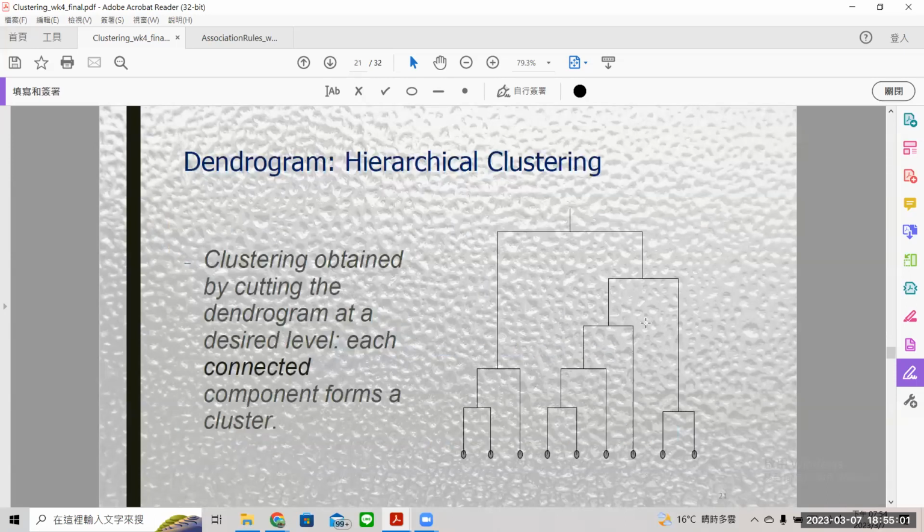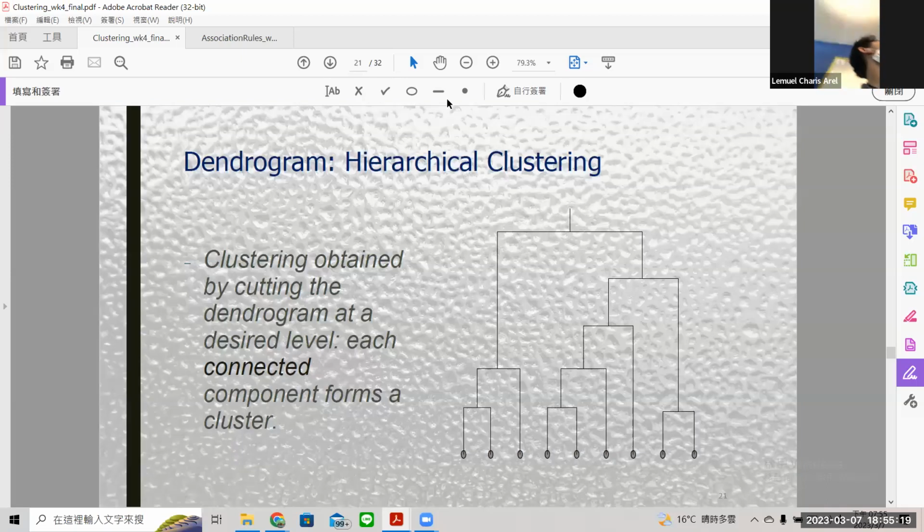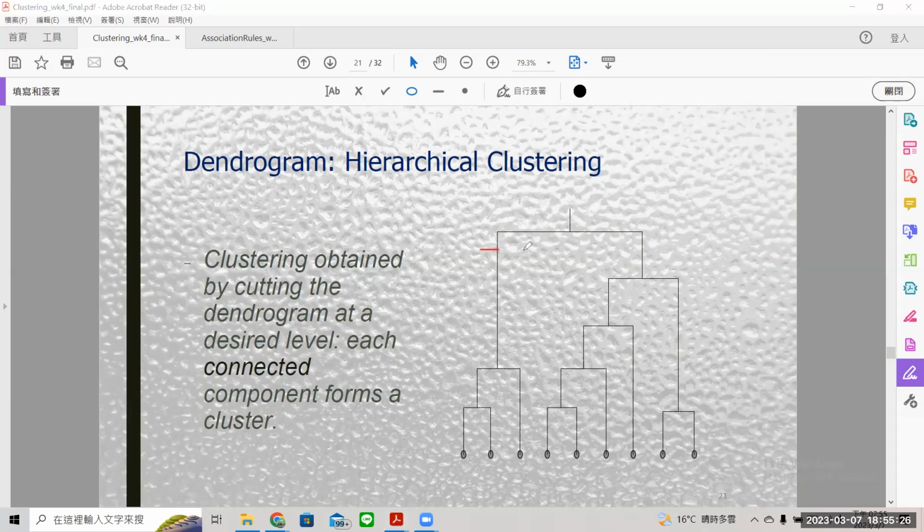Okay, so you will see a figure like this, and this is made by cutting the dendrogram at a desired level. For example, if you only want 2 groups, then you must cut here. If you want 2 groups, you cut here because you have 2 groups, right? If you want 4 groups, 1, 2, 3, 4, you cut here, right?